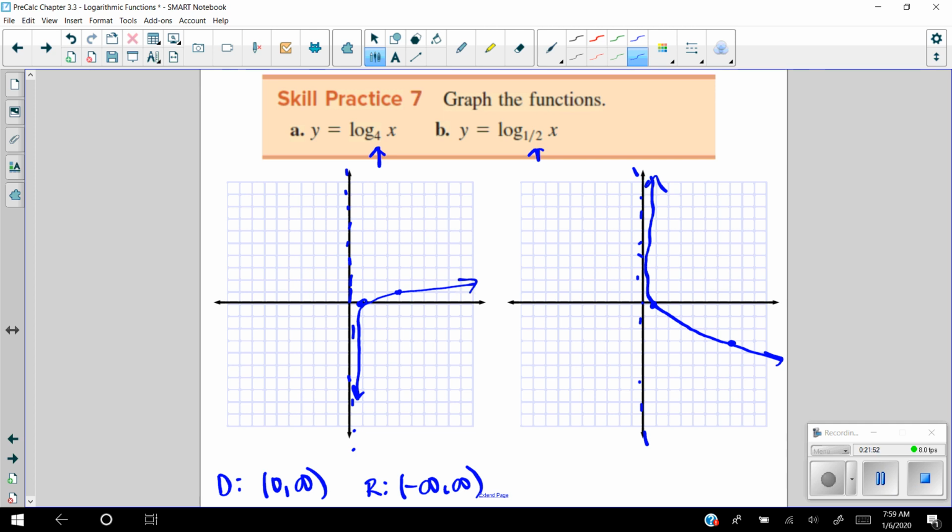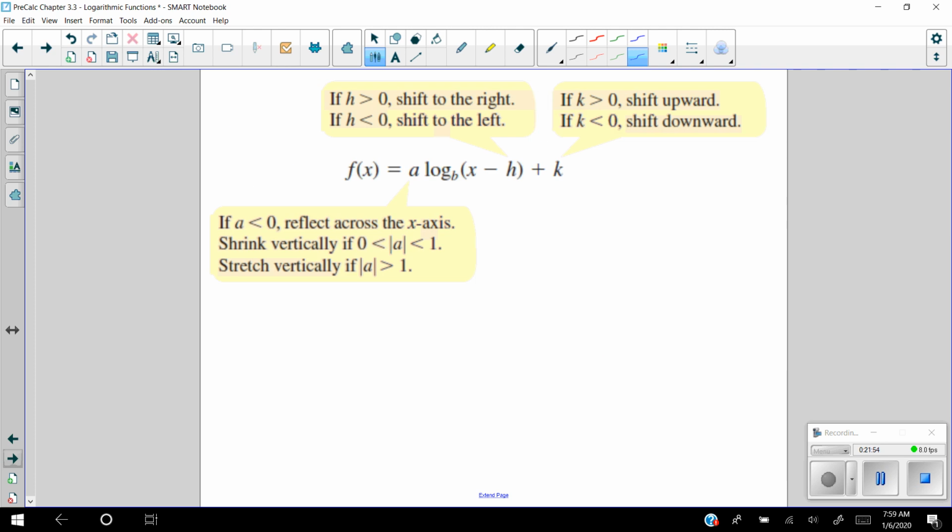Okay, cool. Let's try some more. Here we're going to look at some transformations. So we have shifting left or right, opposite h, keep the k, and then reflection or vertical stretch or shrink shown by a coefficient.